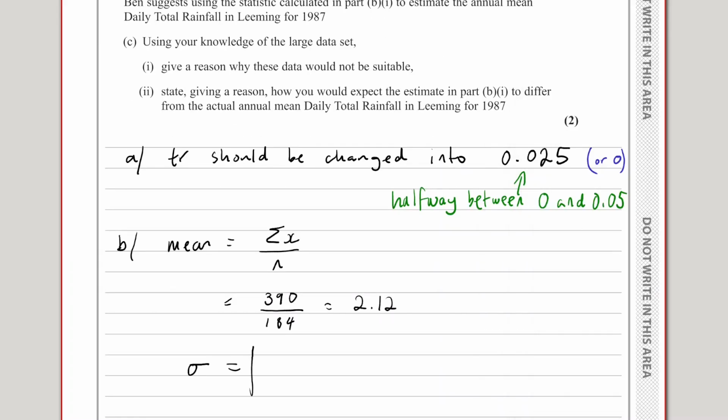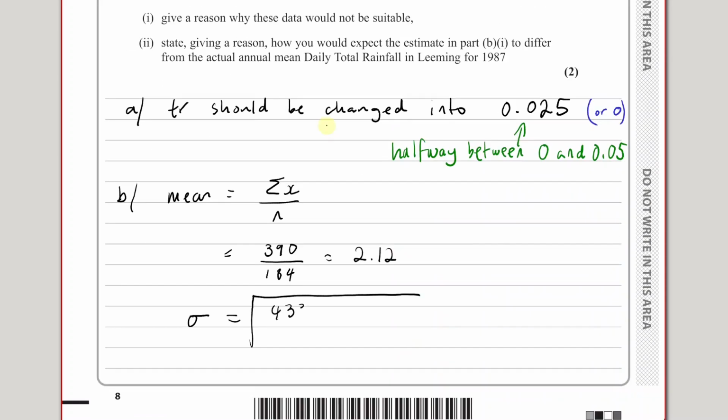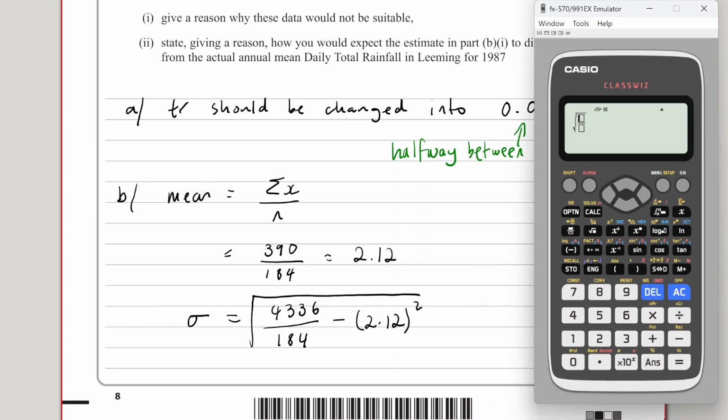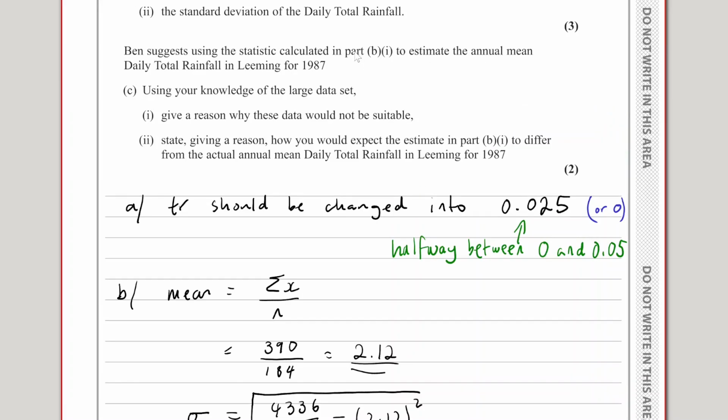That's the variance. So the square root of 4336 over 184 minus our last answer, the mean, squared, and that is 4.37. So that's the mean and the standard deviation.